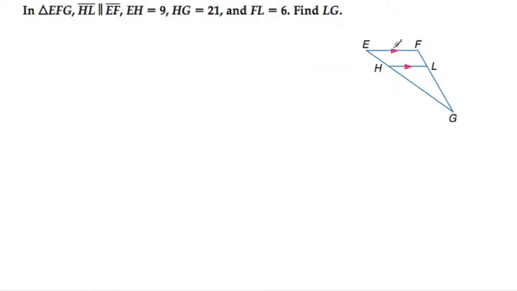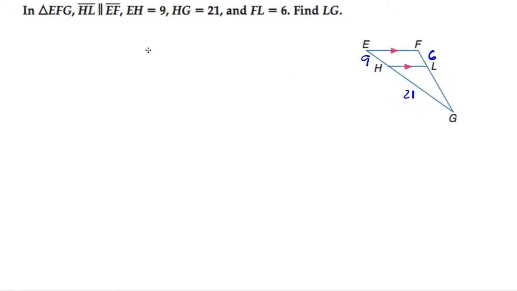In this triangle, we can see that EF is parallel to HL, and we get that EH is equal to 9, HG is equal to 21, FL is equal to 6, and we want to find LG.